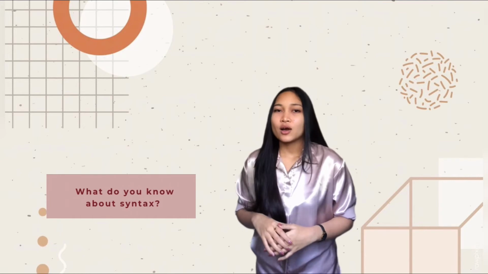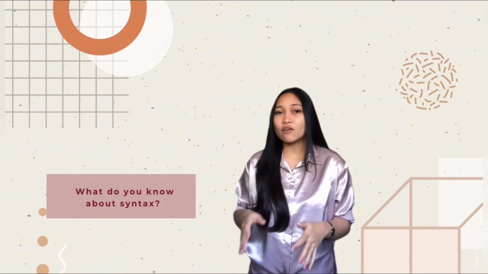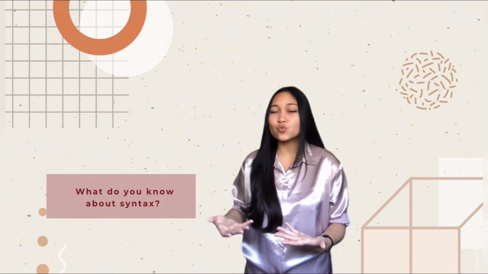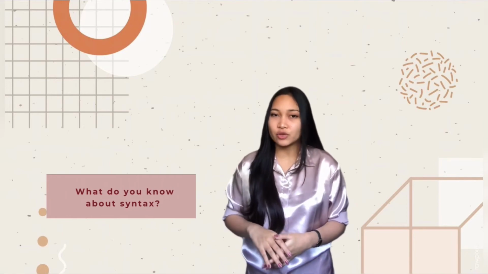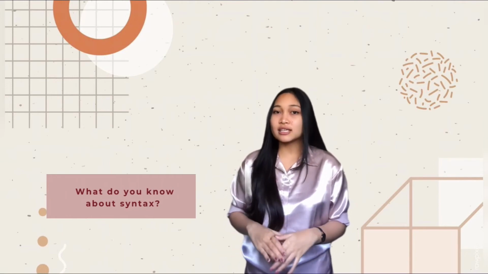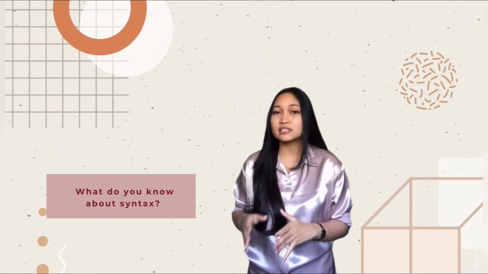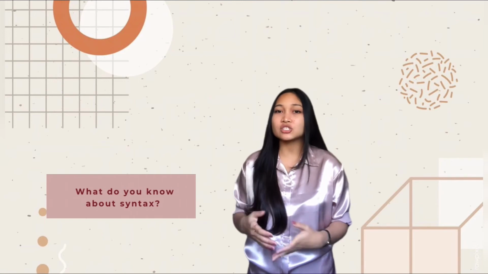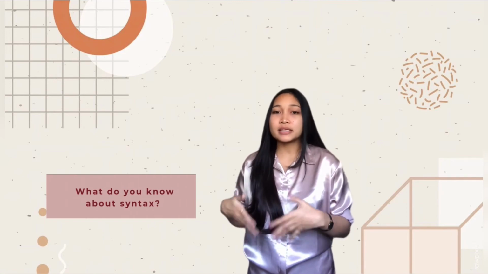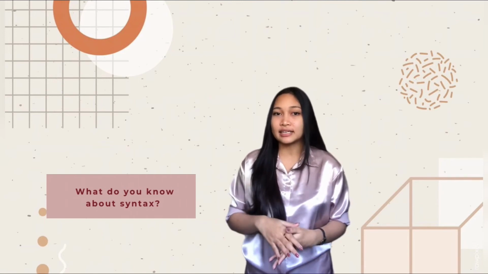Question number 4 is, what do you know about syntax? Okay, syntax is the law of language that determines the word order and basic sentence structure within different languages. Each language has a specific syntax that tells the speaker and the listener which part of the sentence comes first, to help them make sense of what's being said.